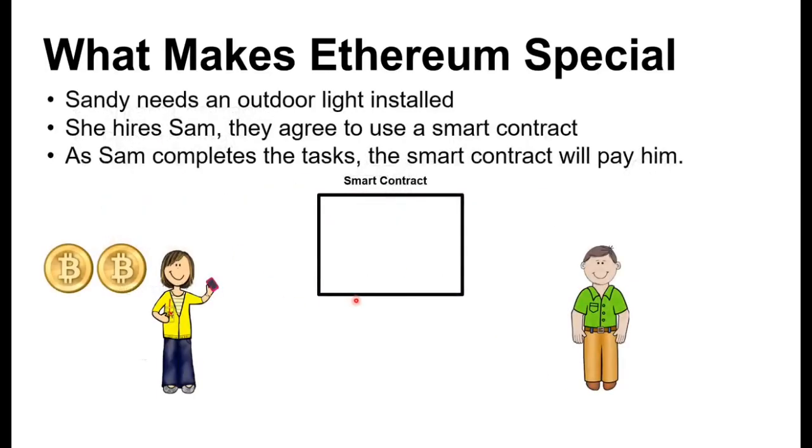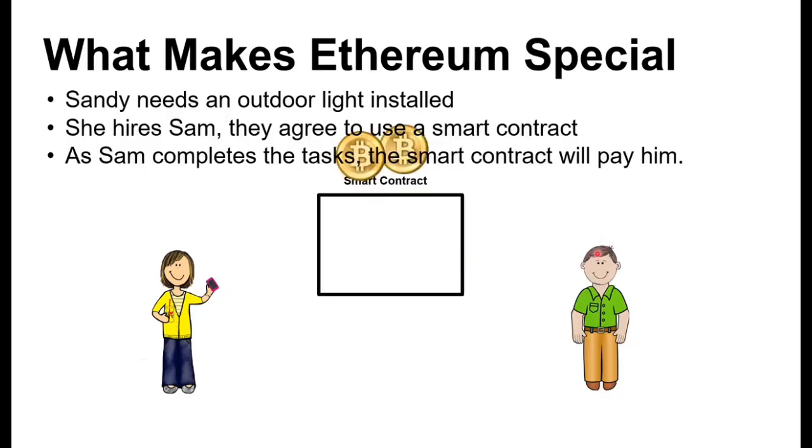So here, if we take a look at this type of transaction, Sandy needs an outdoor light installed, and she hires Sam to install that light, and they agree to use a smart contract. In this case, we're going to use the escrow approach, which Ethereum can certainly do. Contracts can be written to take the escrow approach. So Sandy is going to upload her payment to escrow.